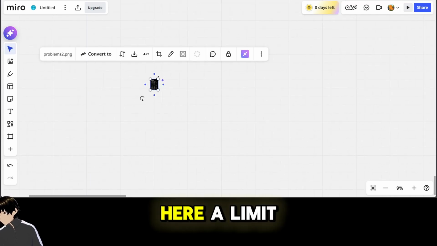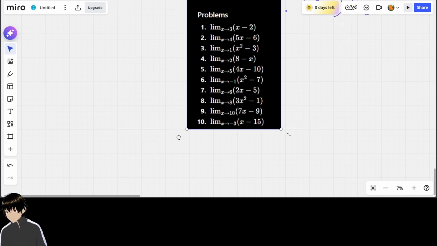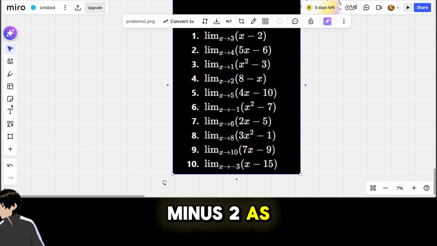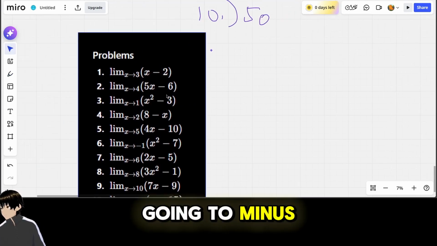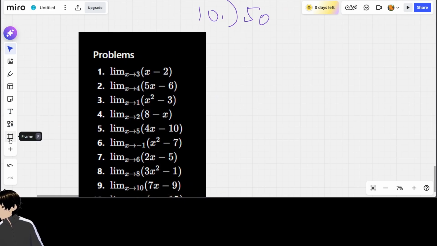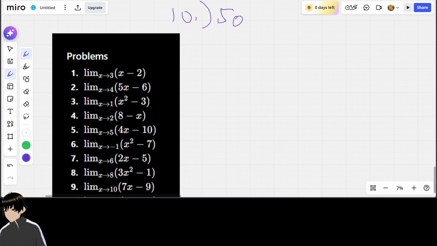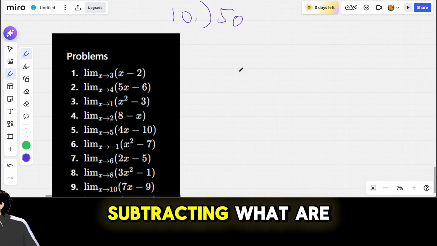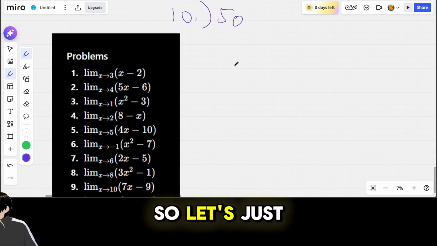We have here the limit of x minus 2 as x approaches 3. So we're just going to subtract both of those. The difference rule is basically subtracting both of the functions. We have two functions, x and negative 2.